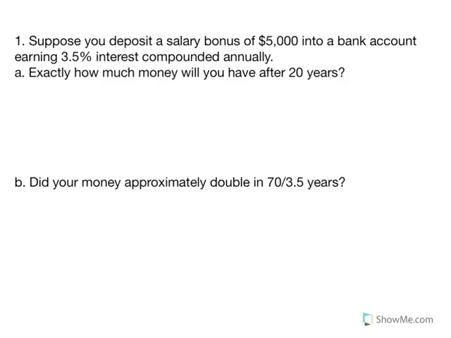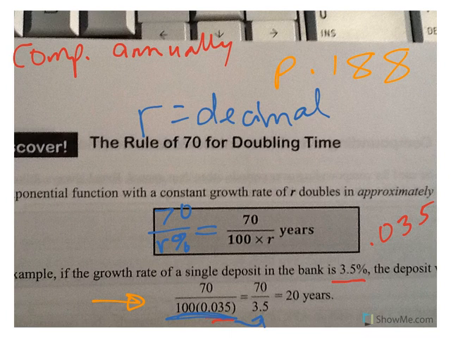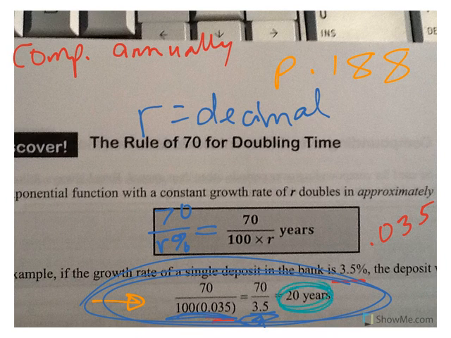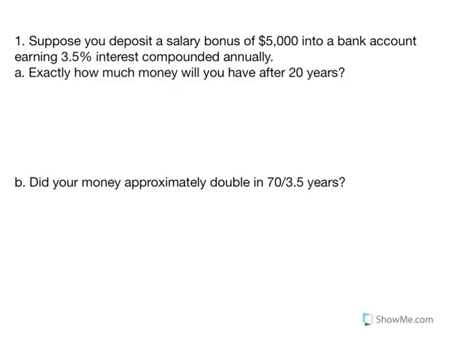Okay, so in that first example, let me even show you, come back, the one that we talked about down here, we said if we have an APR of 3.5%, it will take 20 years for it to double. So in this example, we said, okay, we have $5,000, and here we have the 3.5% we just talked about. How much will we have after 20 years?